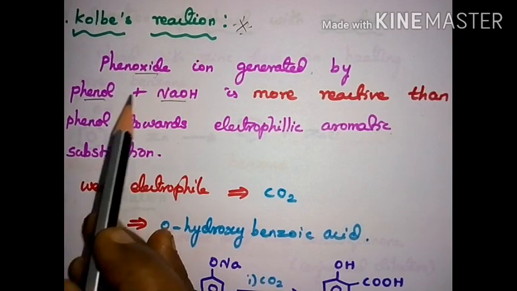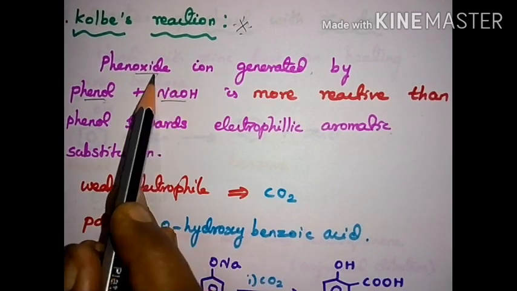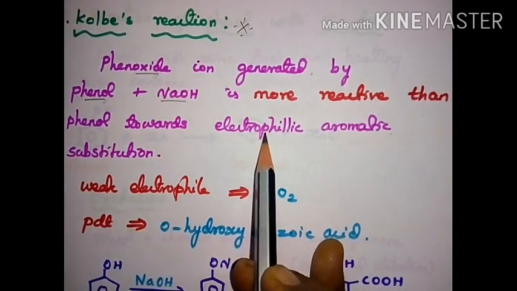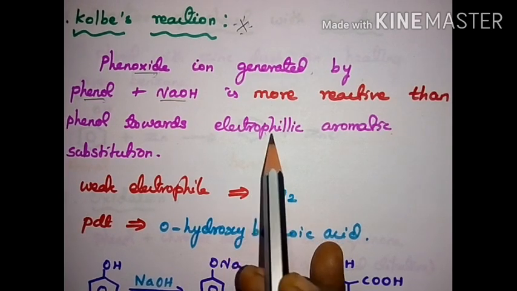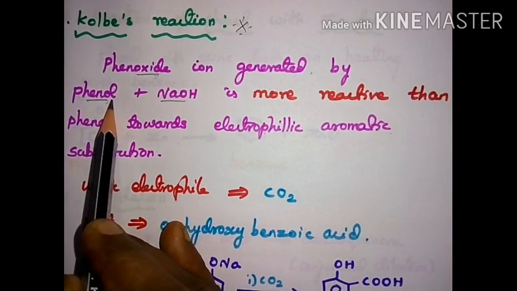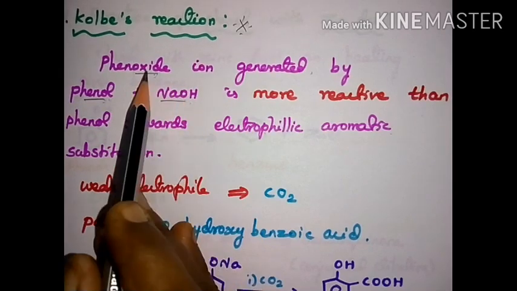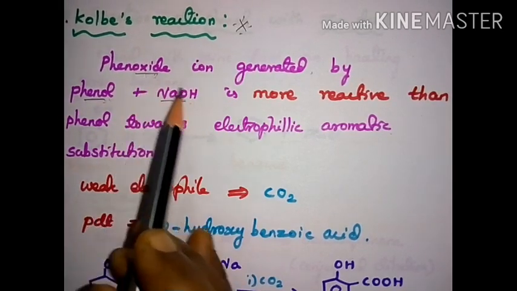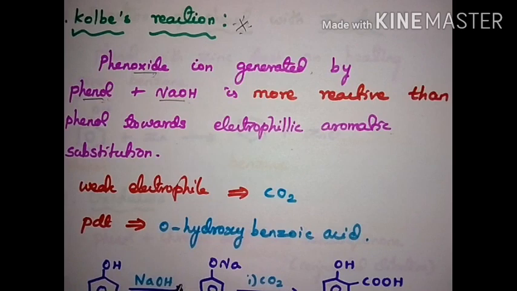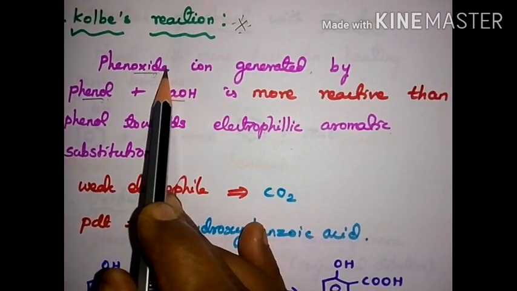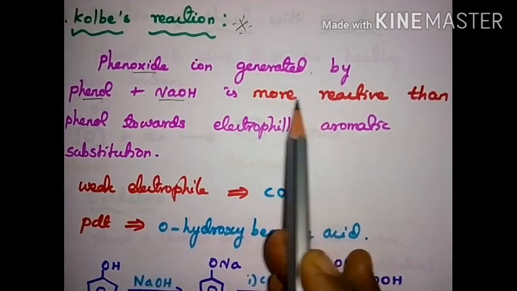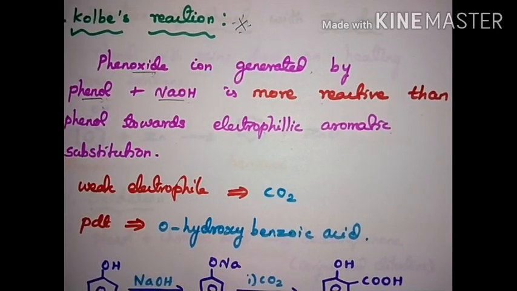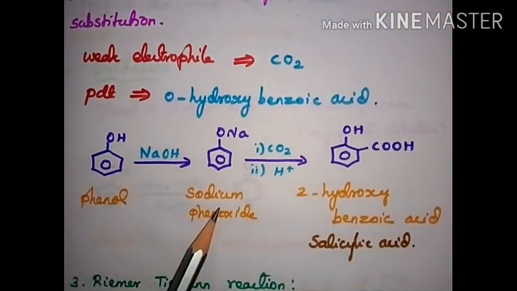Since this is more reactive than phenol, it then undergoes an electrophilic substitution reaction. Why? Because phenoxide ion is more reactive than phenol.